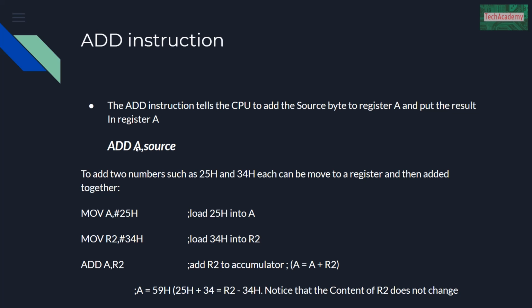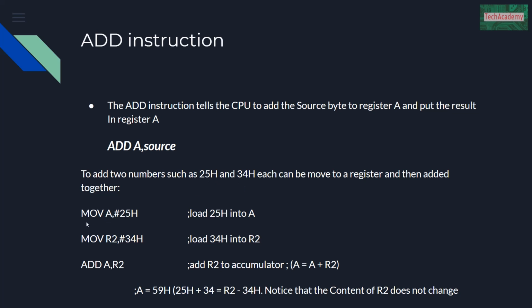Right now the value of the accumulator is 0. Let's take this example: we have to add these two hexadecimal numbers, 25H and 34H.